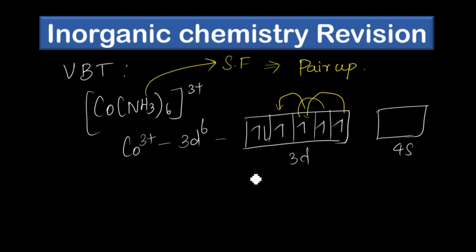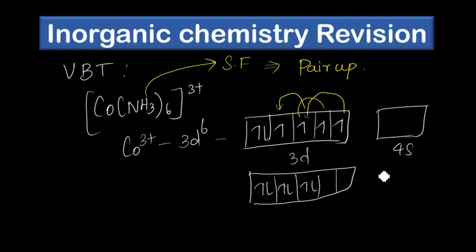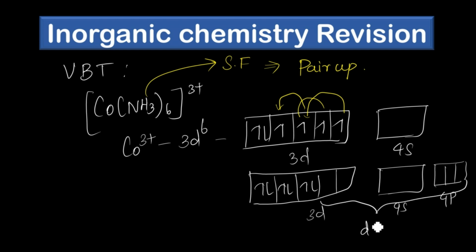So at the end, 1, 2, 3 will be filled and the rest will not be filled. So totally remaining are 4p, 4s and 3d2.